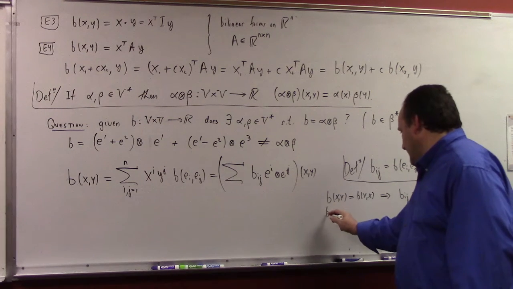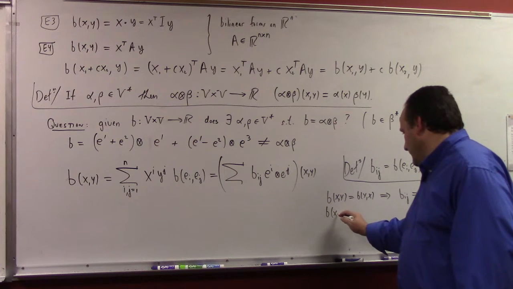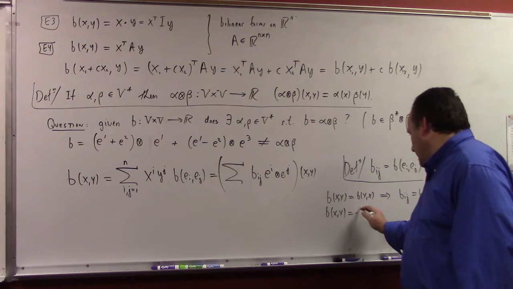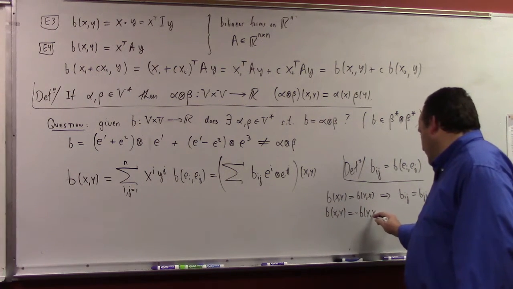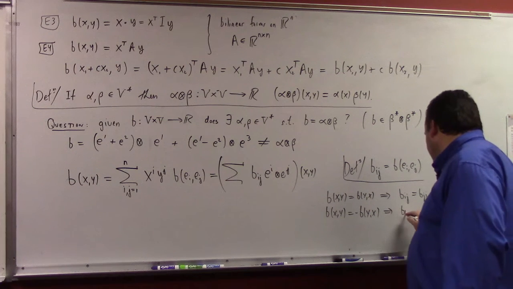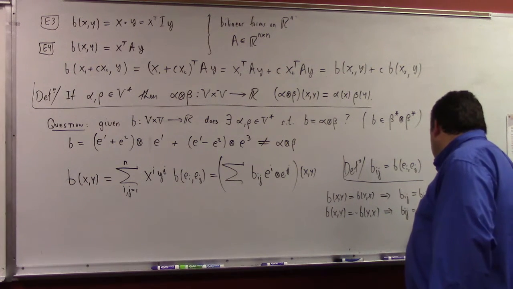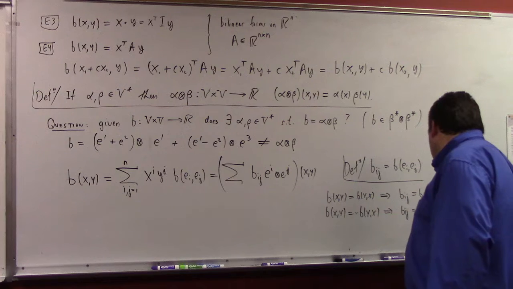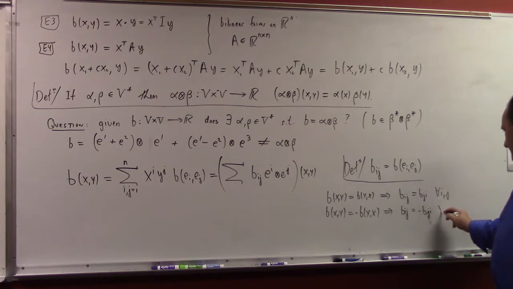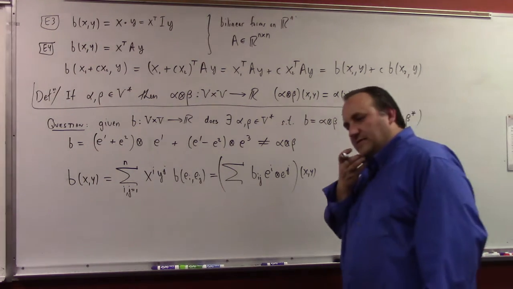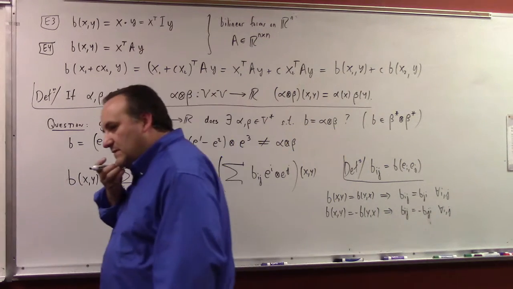Likewise, an anti-symmetric bilinear form will have, I think you can guess where this is going, an anti-symmetric matrix. Where of course we're thinking of i as a row index and j as a column index, I suppose. All right.